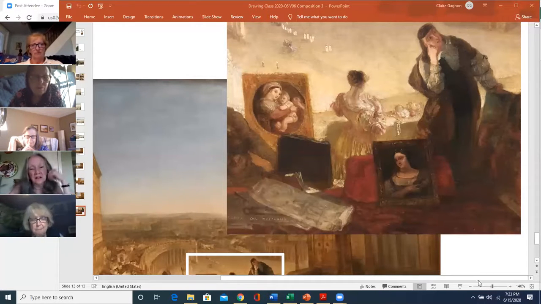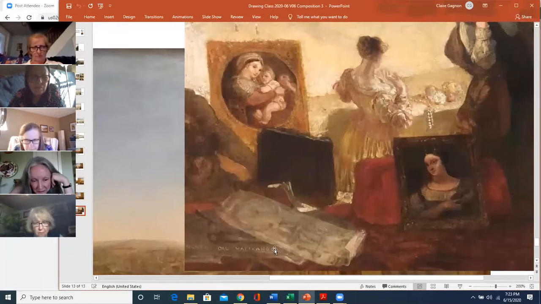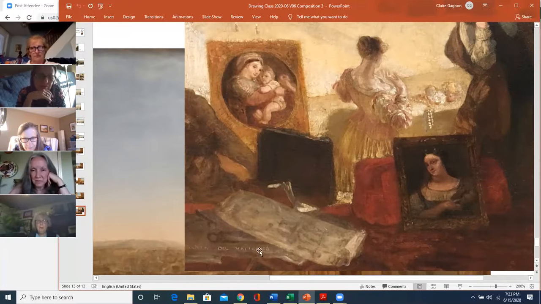Oh, yes, right here. This here. Yes, I think this is done with the brush. Sometimes the artist in those days would put the title on the painting. It might be that, or it might be something else. I don't know.